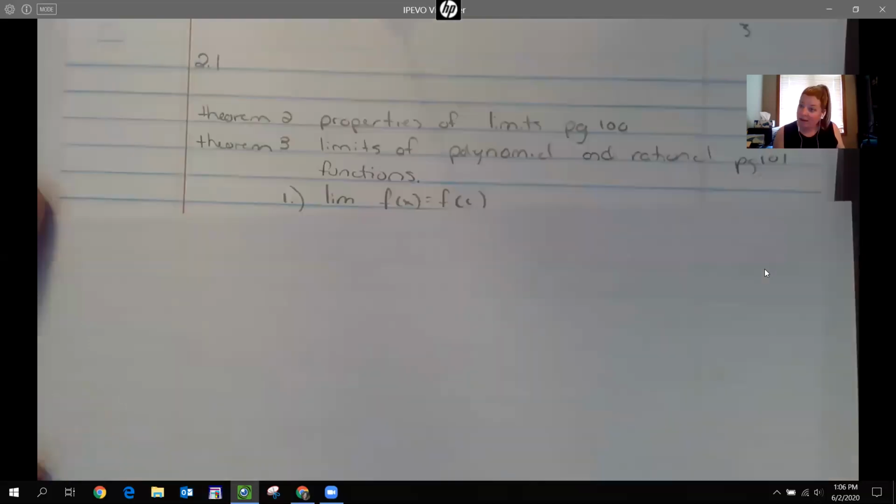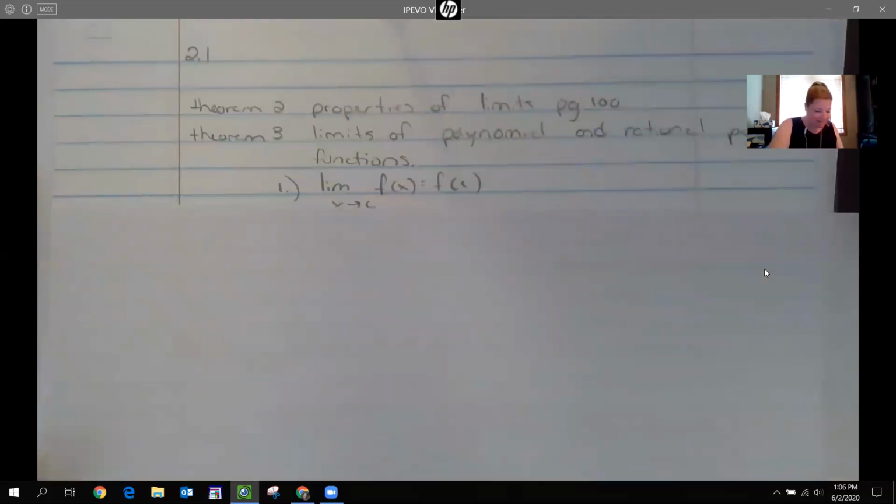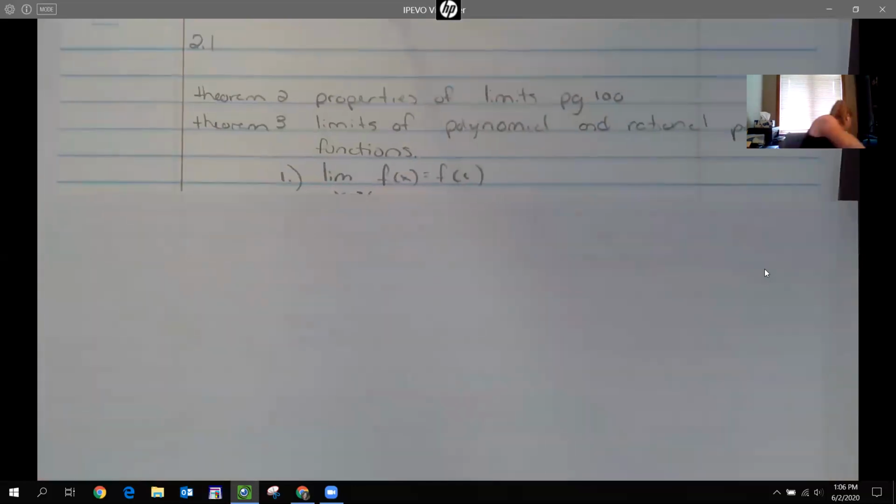Basically, the next kind of idea is from a function. Okay, theorem 2 and 3, I didn't write them down all the way. I said to look at page 100, but it's hard to tell you to look at a page from the online book.